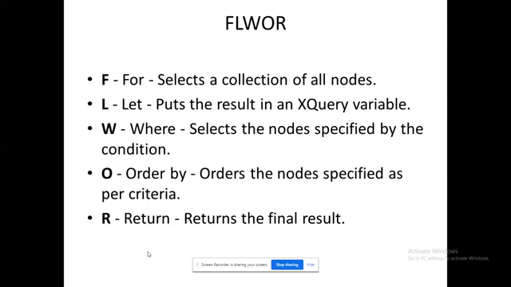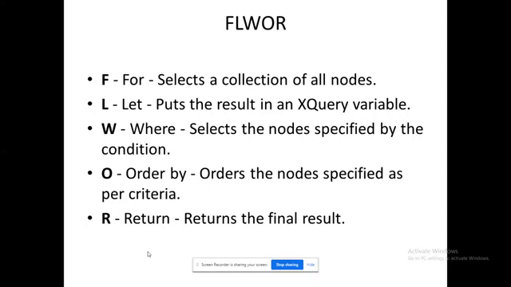We have already seen it in xquery, but what is the procedural way to write an xquery program? F represents the for, because I am iterating over all the records in the XML program. L is the let, the variable that I am ready to assign. W is where I will put my condition. O is order by, like the order by in our SQL, ascending order, descending order, I can mention that.